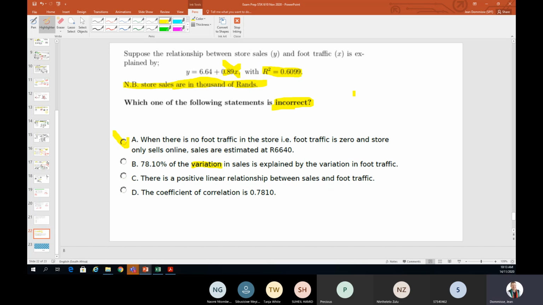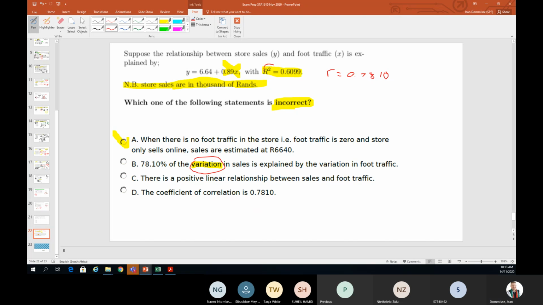What could have happened is if you calculated R, you would get 0.7810, but R is not explaining the variation.